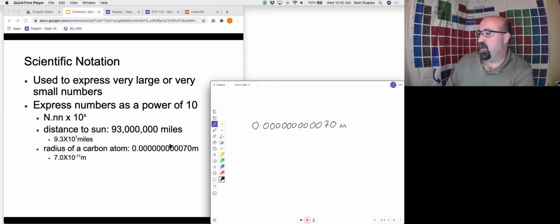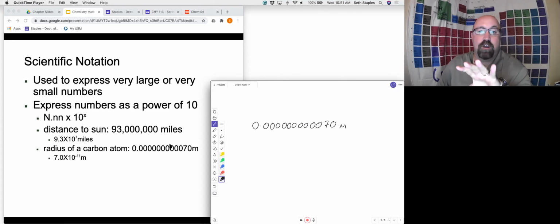So the radius of a carbon atom is 0.00000000070 meters. Not real convenient for us to think of it in those terms, or even to write that out and to work with that sort of number.